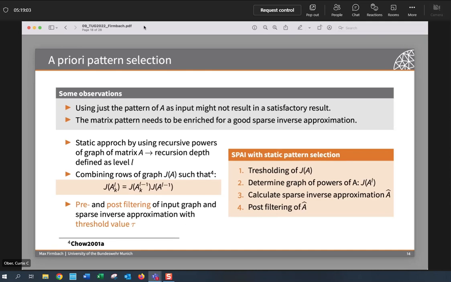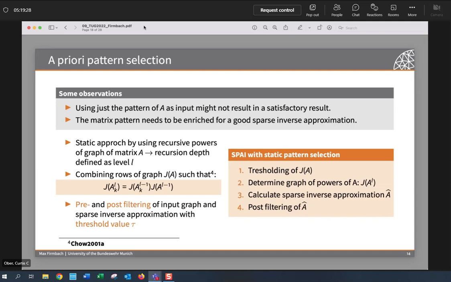We pre-filter the graph of A to get rid of explicit zeros and small entries. We determine the powers of A depending on the problem we want to solve, we calculate the sparse inverse approximation A hat, and then we do a post filtering of A hat to again get rid of small entries.